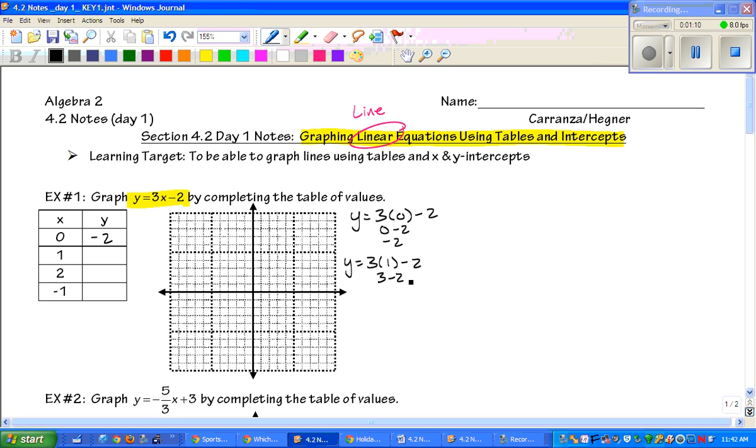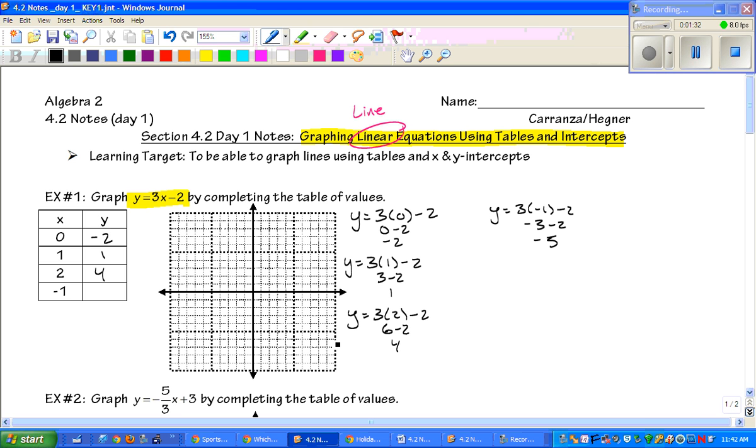3 times 1 is 3. 3 minus 2 is 1. 3 times 2 is 6. 6 minus 2 is 4. And then that last one that we're doing is negative 1. 3 times negative 1 is negative 3.